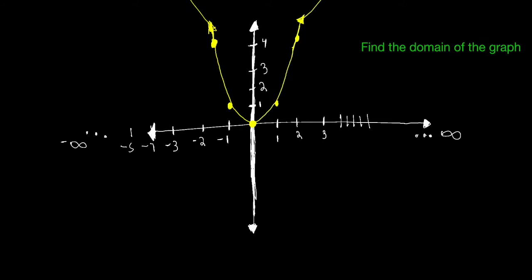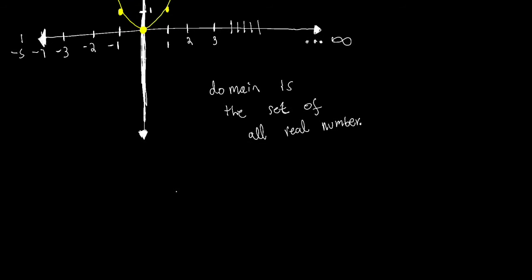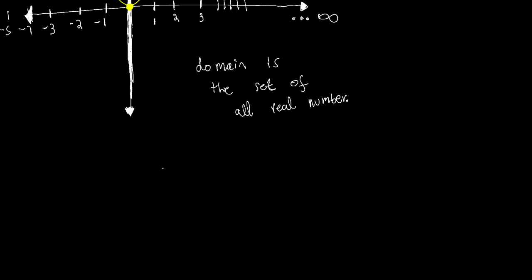Whenever that happens, we say that the domain is the set of all real numbers, because any real number will be part of the domain. And now if you want to impress someone, maybe you can say that x is an element of the set R. But this is enough for us.